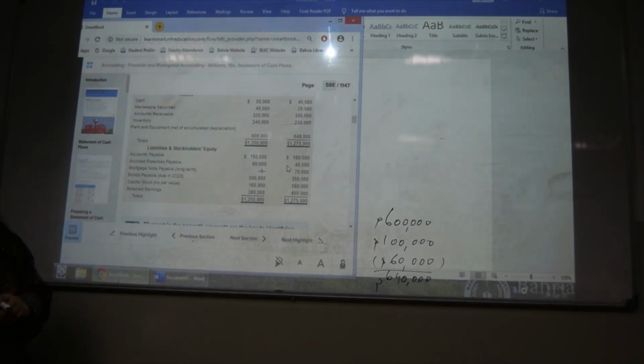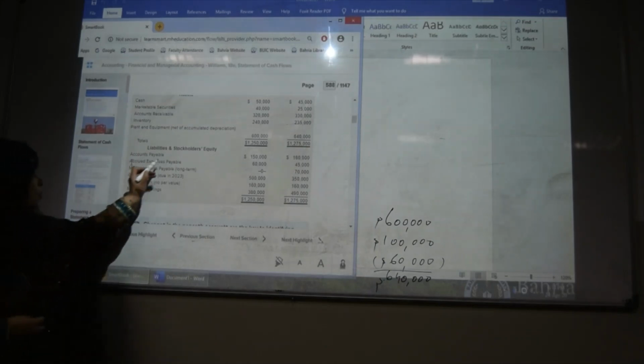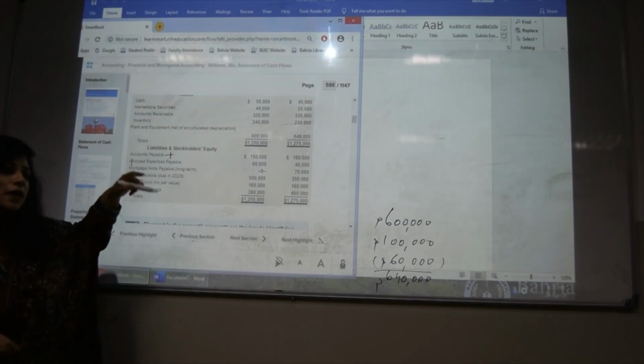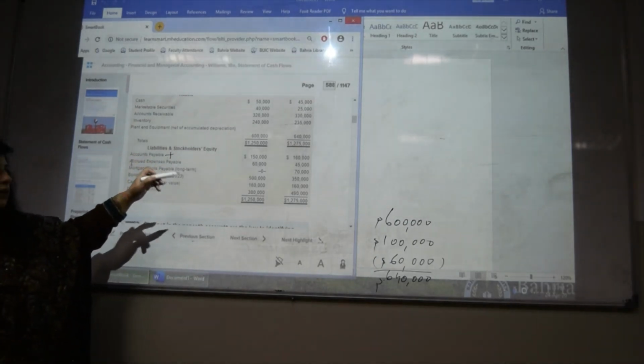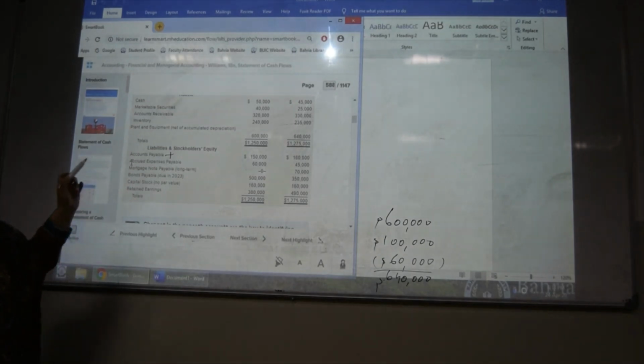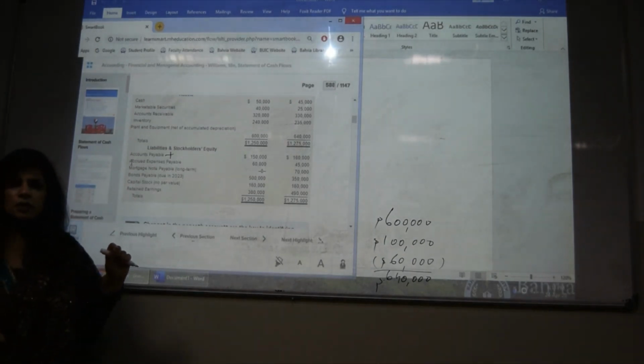Now this is increasing. Okay, so when payable is increasing, it would have a positive effect on cash flow. Although it's bad for the balance sheet, this is a very shrewd way by which we can determine whether the company is doing well, because just looking at the balance sheet is not enough.